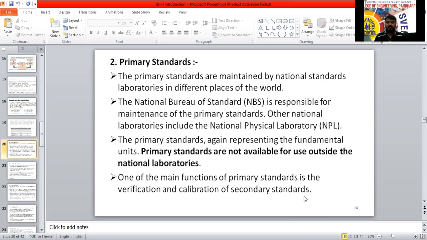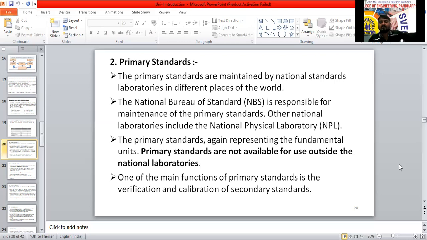But the printing is not done by the national laboratories. The note printing companies are different industries. They take the reference from the national laboratories to check whether the printing machine is correct, and they calibrate it using the primary standards.